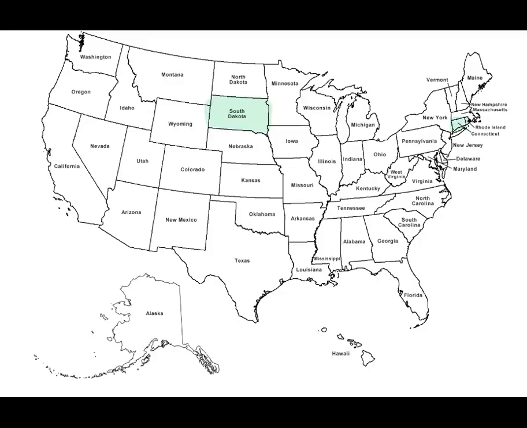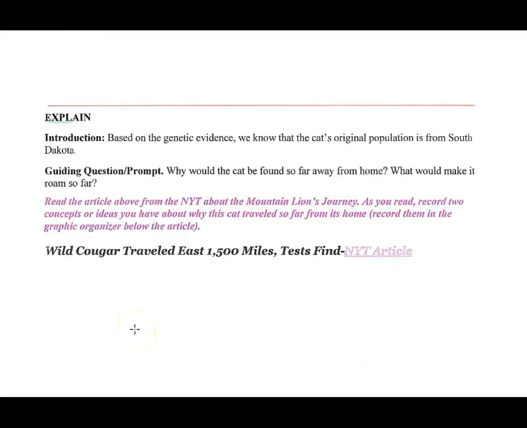So I want you to think about that as we go through this next activity. So our guiding question is, why would the cat be found so far from home? What would make it roam so far? So we're going to read an article from the New York Times about the mountain lion's journey. As you read, record 2 concepts or ideas you have about why this cat traveled so far from its home.